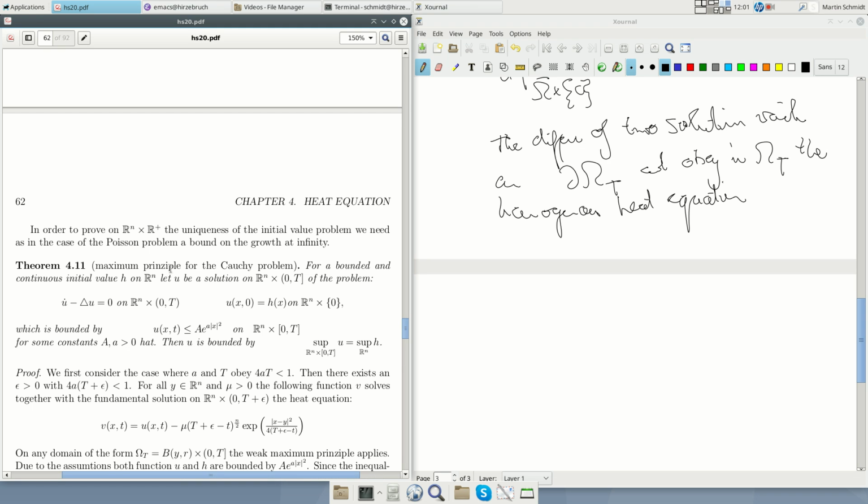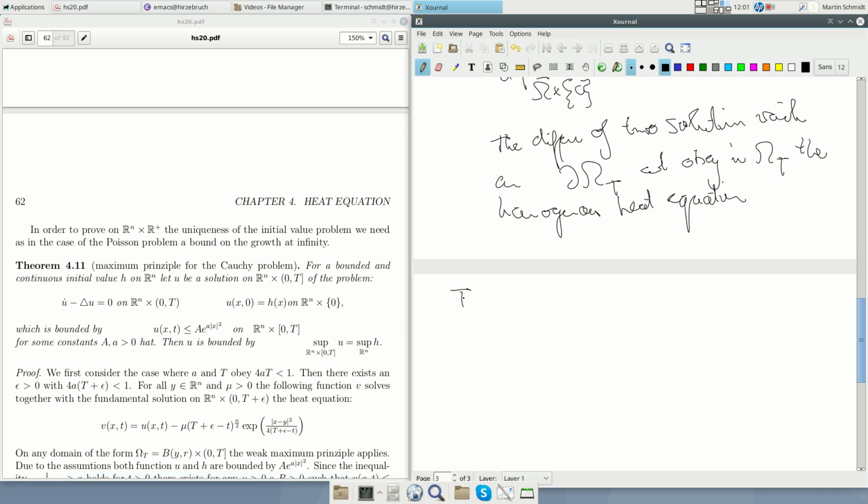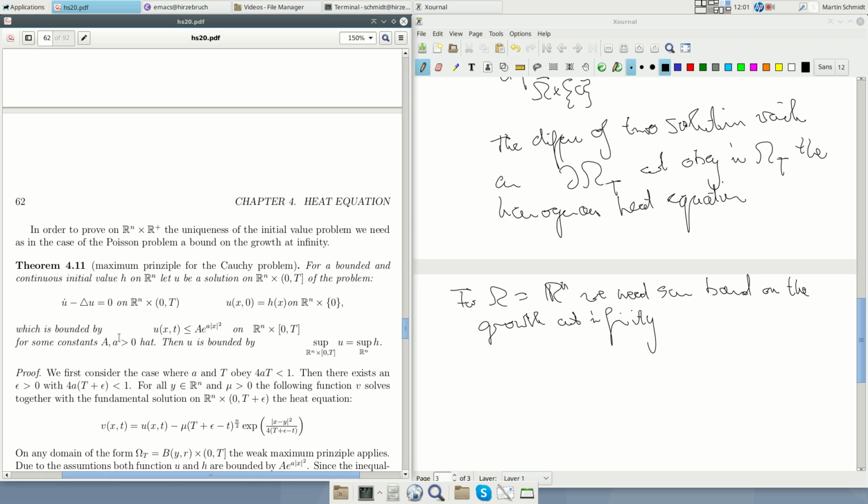But in order to do this, since this means we do it for omega equal to Rn, we need some bound on the growth at infinity. More precisely, this is the growth at infinity, what I mean. We will see that we really need this. Without this assumption, we will construct several solutions of the initial value problem.